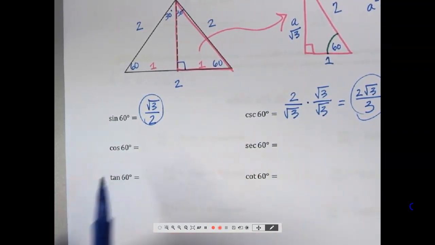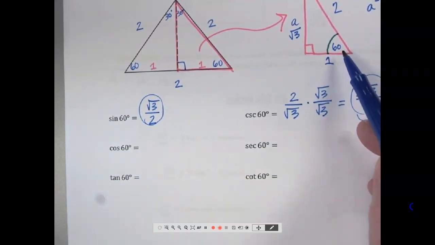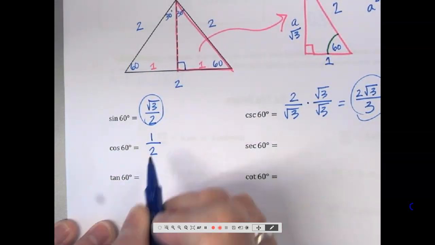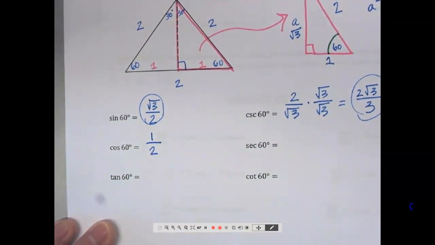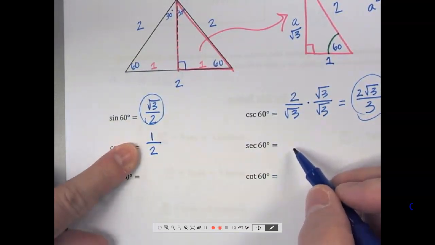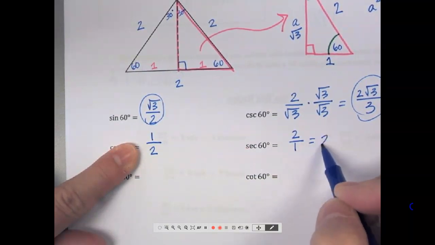Okay, so cosine is what over what? Adjacent over hypotenuse. So if I'm looking at the 60-degree angle, the adjacent side is 1, the hypotenuse is 2. That is simplified. Let's go ahead and do secant because it's the reciprocal here. So that's hypotenuse over adjacent, which is just 2.